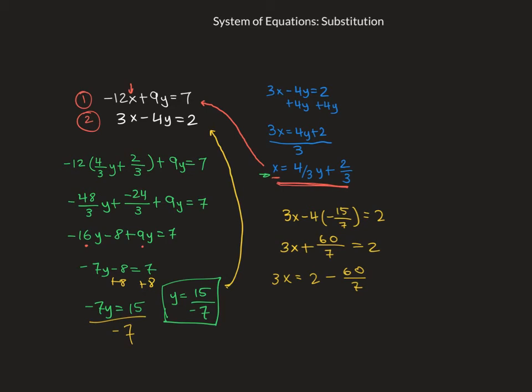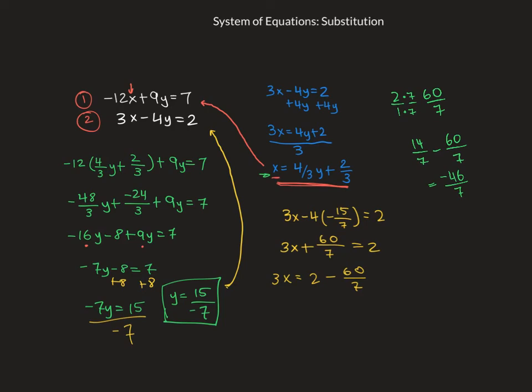So we can just write it off to the side. So 2 over 1 minus 60 over 7. So now we would multiply by 7. 14 over 7 minus 60 over 7. This would become minus 46 over 7.